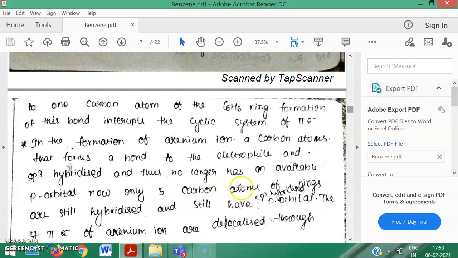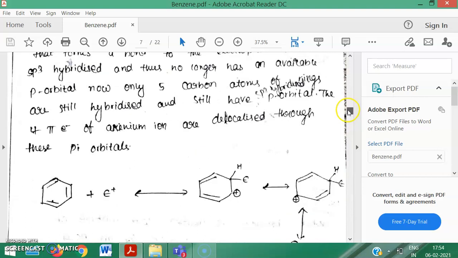Now only 5 carbon atoms of the ring are still sp2 hybridized and have p orbitals. The 4 pi electrons of the arenium ion are delocalized through these p orbitals.